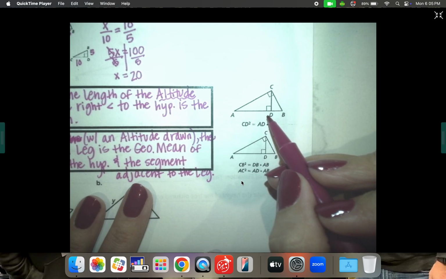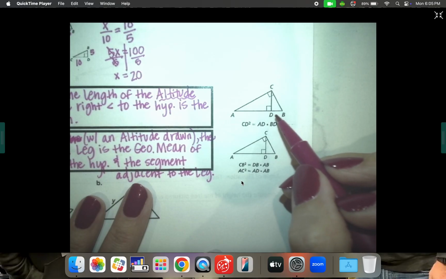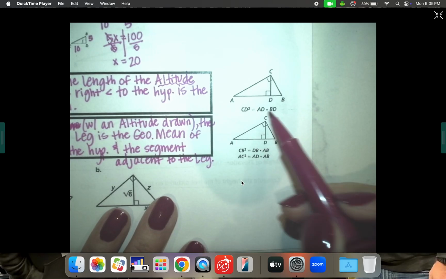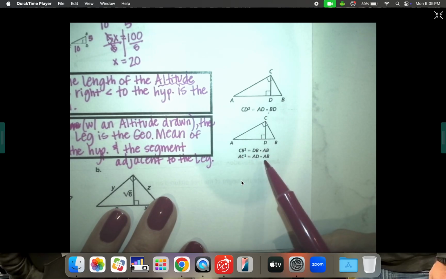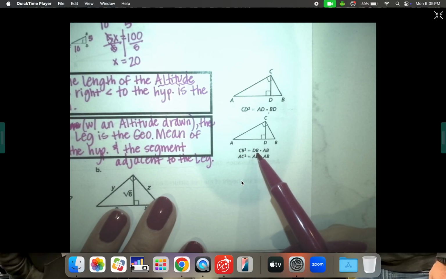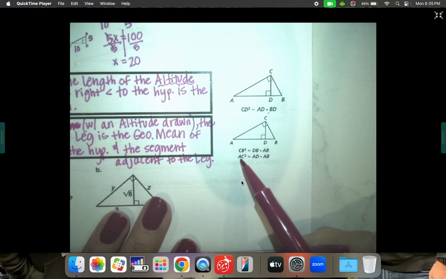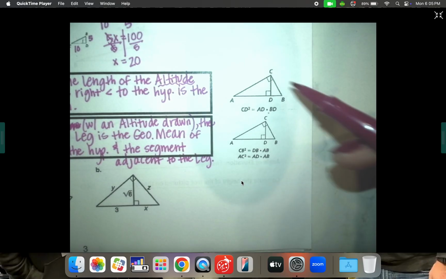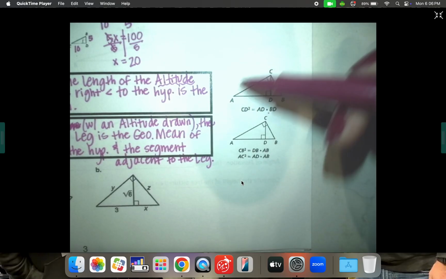And it works the other way around too. So that was the altitude theorem. For the two legs, the leg theorem is take CB this time and square it, and it's equal to DB times AB. Or AC squared, if you're going the other leg, equals AD times AB. Okay, so this is kind of your key that we're going to use.